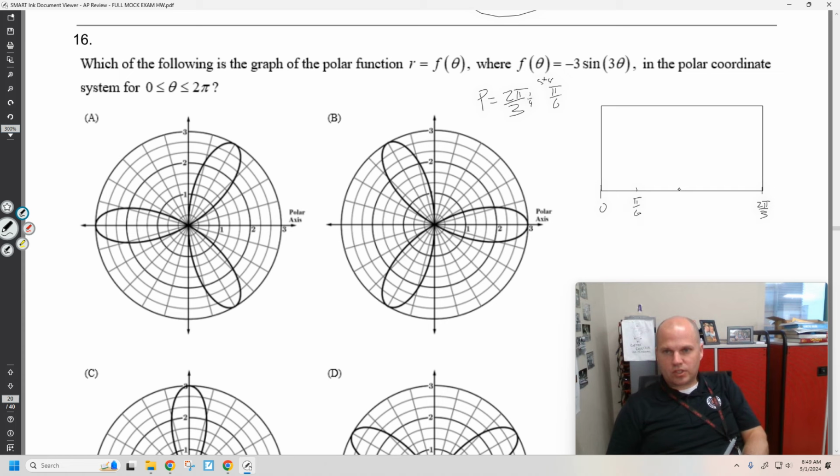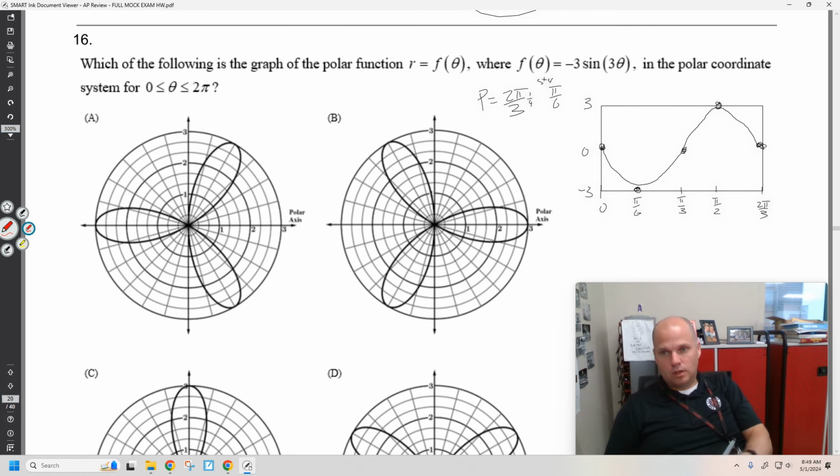I have 1 pi over 6, 2 pi over 6, 3 pi over 6, 4 pi over 6. I have radii that start at 0, go to -3, go to 0, go to 3, go to 0.